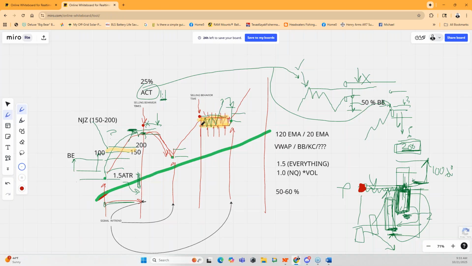When we get to punctures, we're acknowledging, hey, this is a time where selling was supposed to occur and it's continuing to go up. In the case of a downtrend, we're seeing buying times pop up, but it's continuing to go down. There's an absence of the side that we're expecting to arrive.